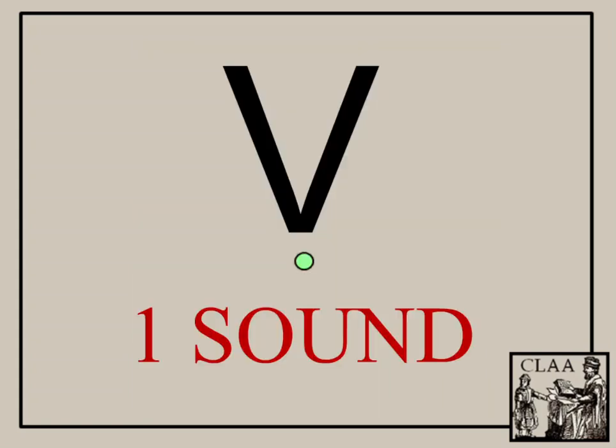The first English consonant we'll study in this lesson is the English letter V. Point to the green dot on your screen and look carefully at this English letter. The letter V is used in English to make one sound.